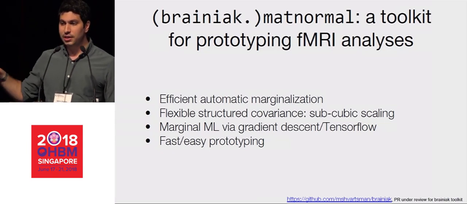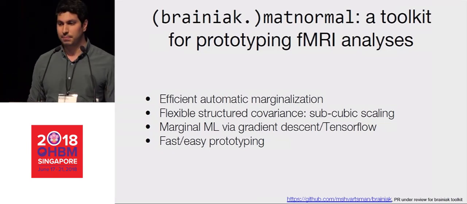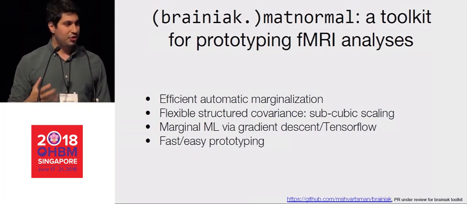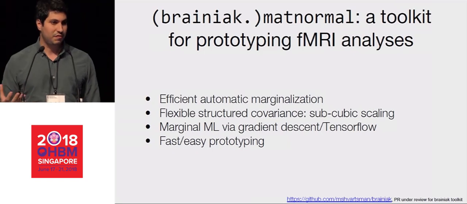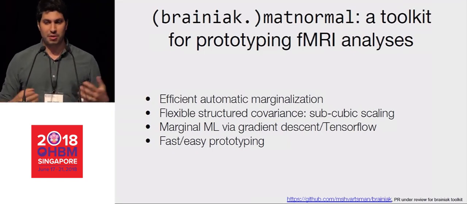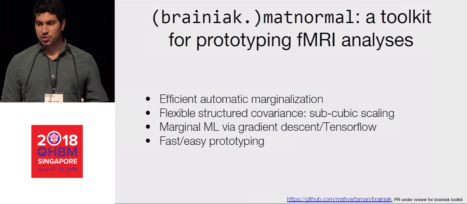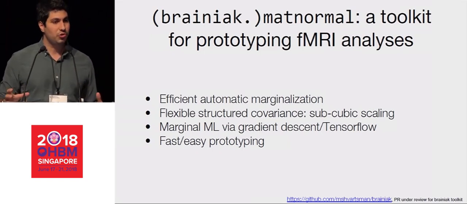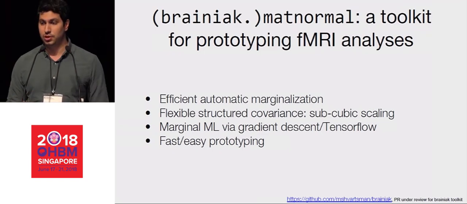And we've created in the Brainiac toolkit a package that lets you switch between all of these and efficiently utilize the properties of the Gaussian distribution to do automatic marginalization and flexible covariance selection, and this will allow for very easy prototyping if you're not sure which model to use.